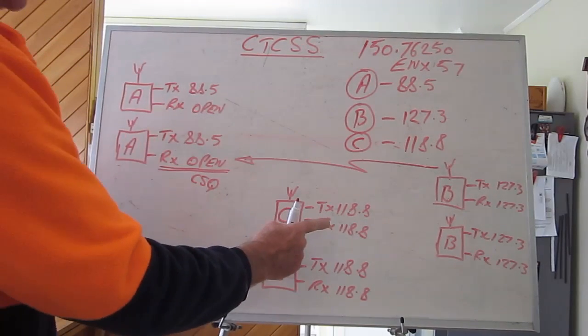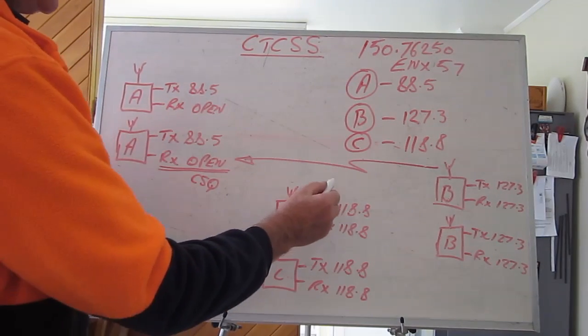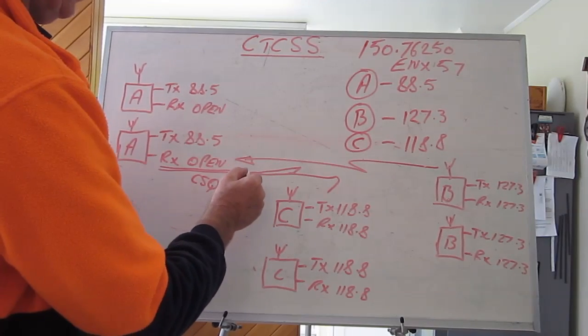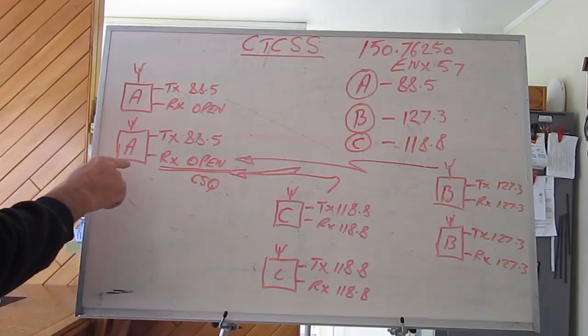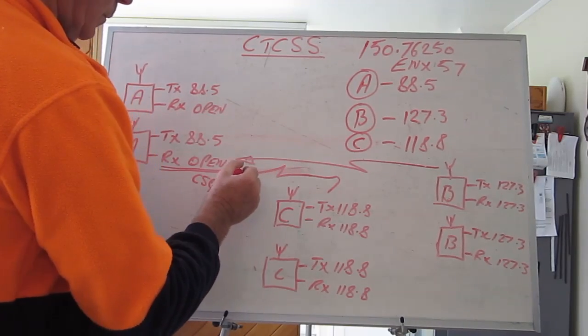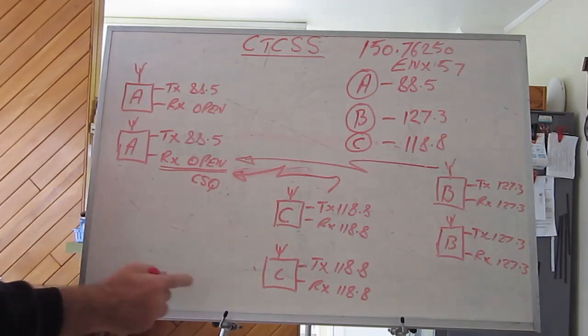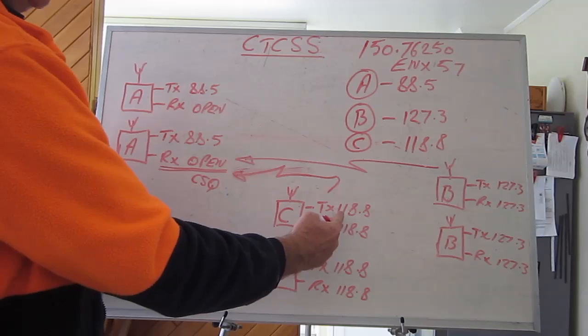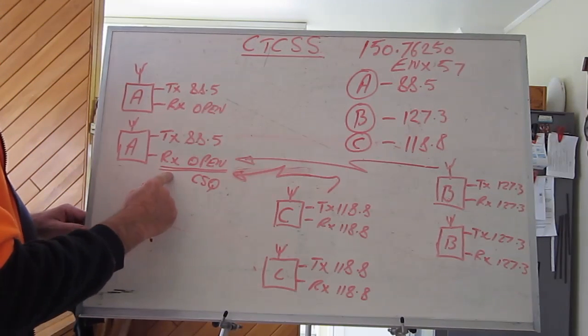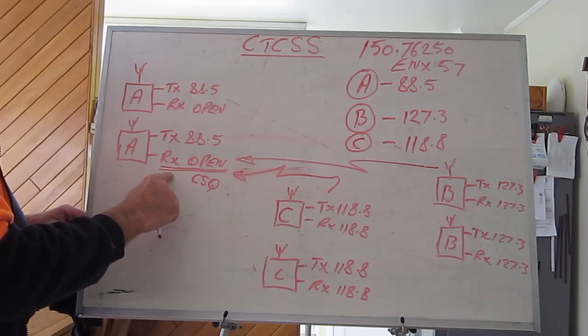However, Company C were also transmitting in that direction towards the first company involved here. They were transmitting a tone of 118.8, but this receiver's open, it's programmed CSQ.